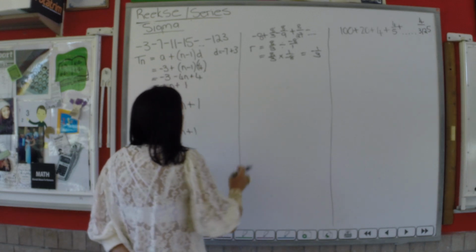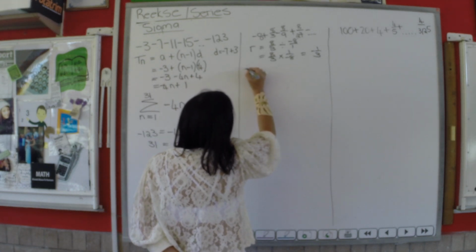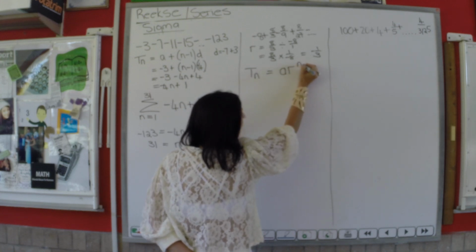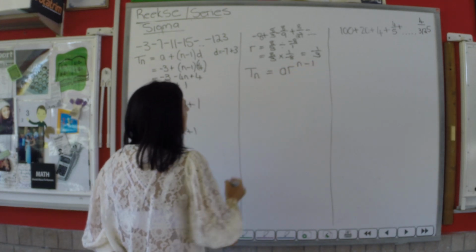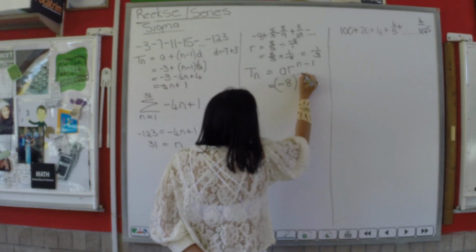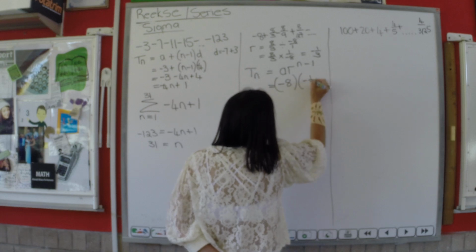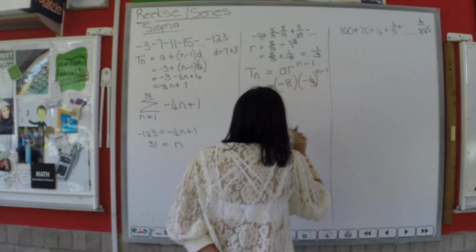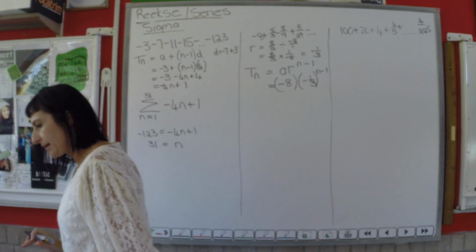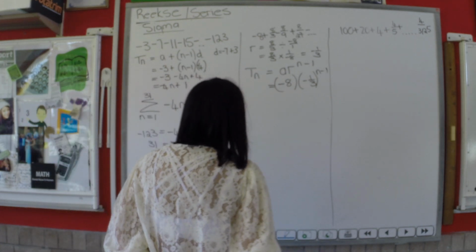So now we need the Tn of a geometric: a times r to the power of n minus 1. So let's substitute. We've got the value of a, we've got the value of r, n minus 1, and remember, you can't multiply that to that, it's totally mathematically incorrect, so you leave it exactly like that.